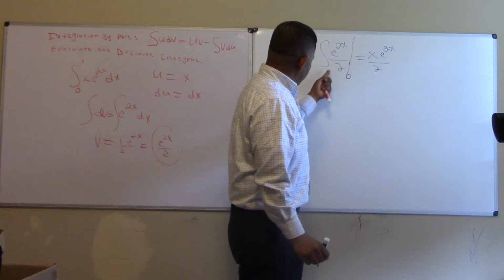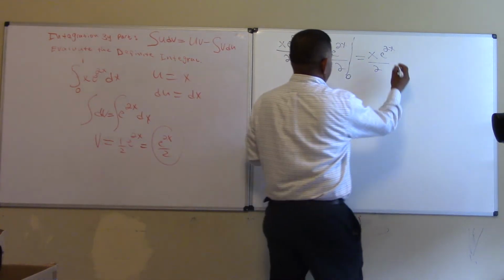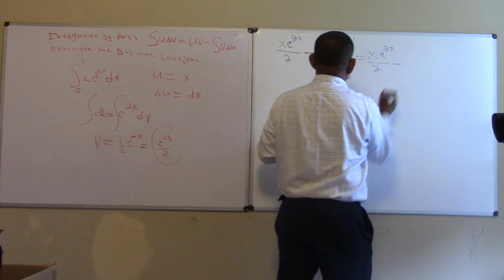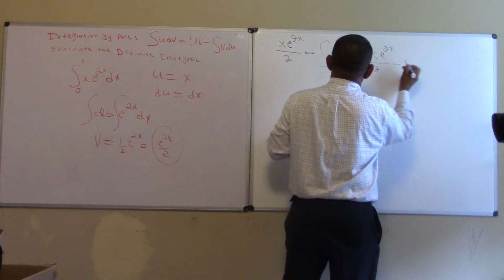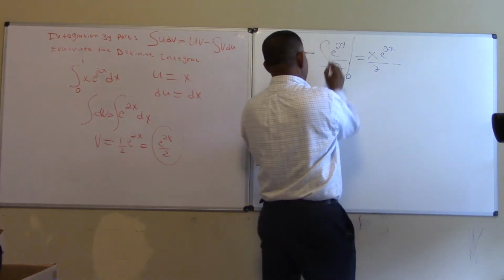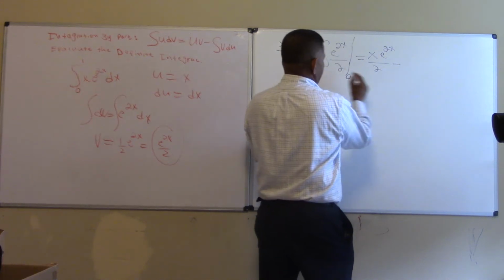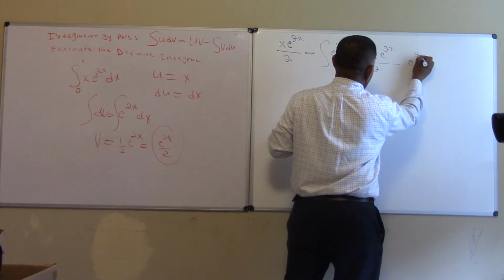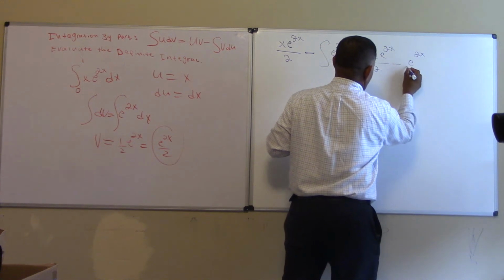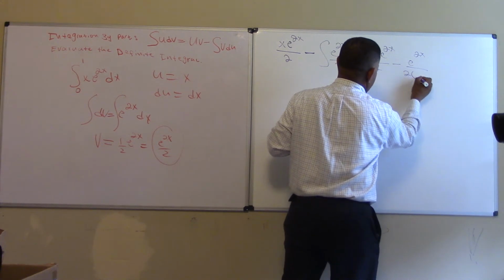The integral here, what is it? The integral is minus, and when I integrate that, this 2 becomes to the bottom, and it becomes e to the 2x over 2 times 2.